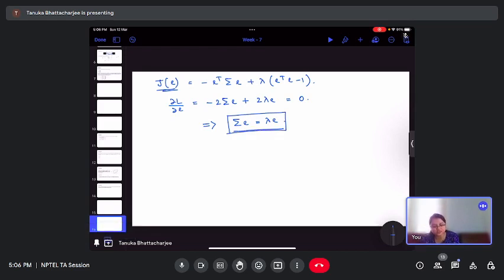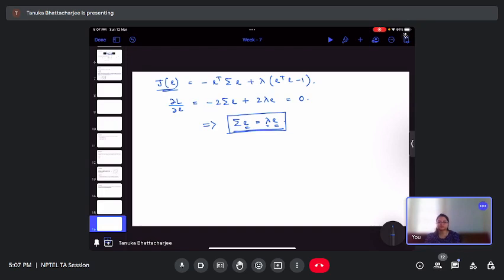Here E is basically the eigenvector of the covariance matrix and lambda is the eigenvalue. So, you see that your E satisfies this eigenvector equation for the covariance matrix. We have assumed that this is the one having that particular direction along which the data has maximum variance.